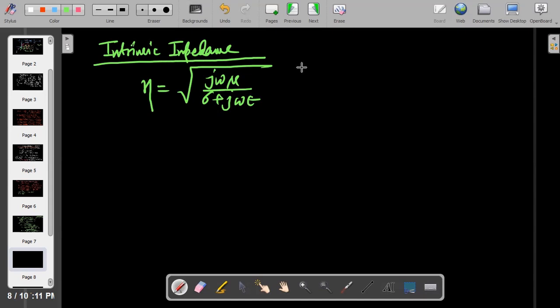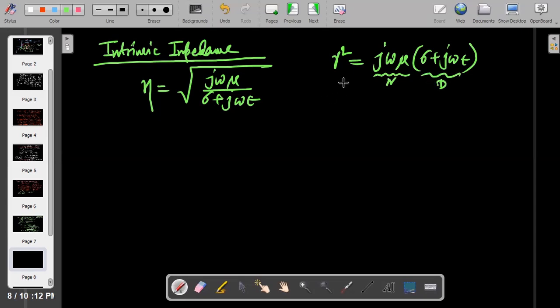Now, how to remember? Again, I'm telling: we know that gamma square is nothing but j omega mu into sigma plus j omega epsilon, correct? Now, how to remember? Let's say this is your numerator and this one is your denominator. In this way, do you remember? There is no logic, but still I'm telling.